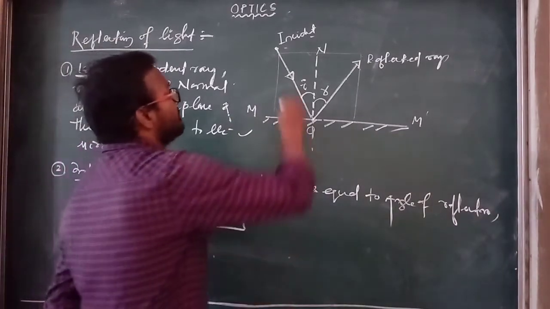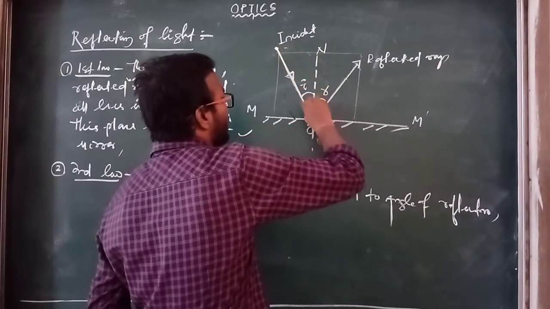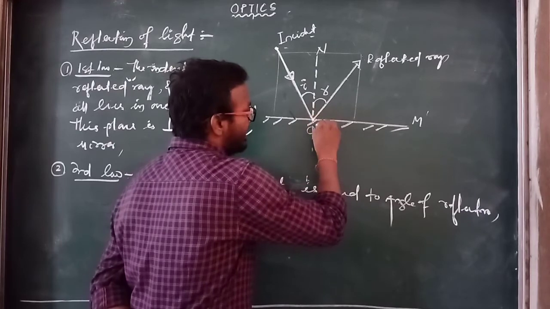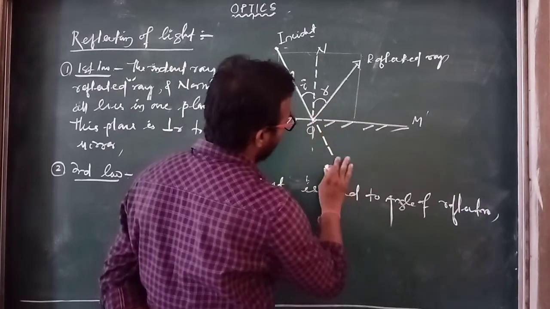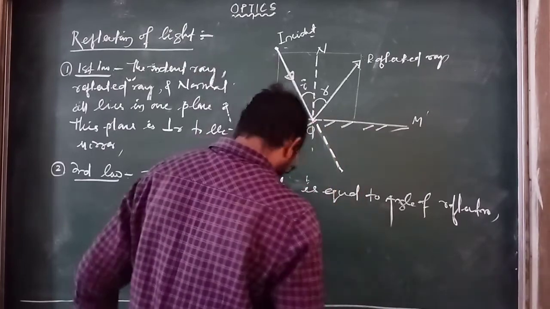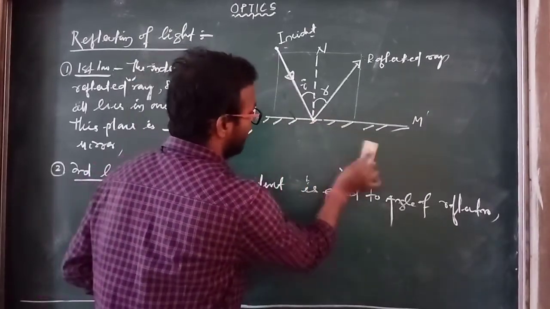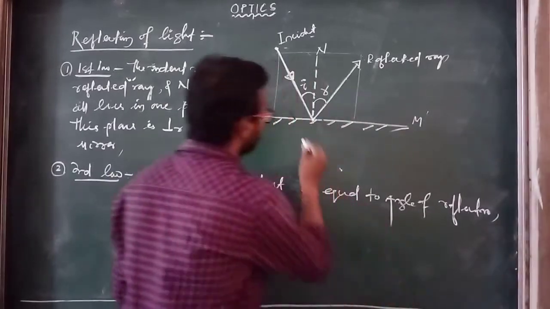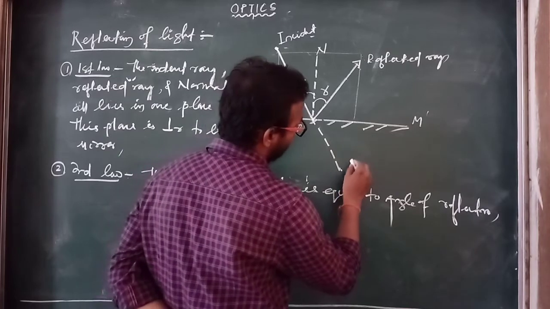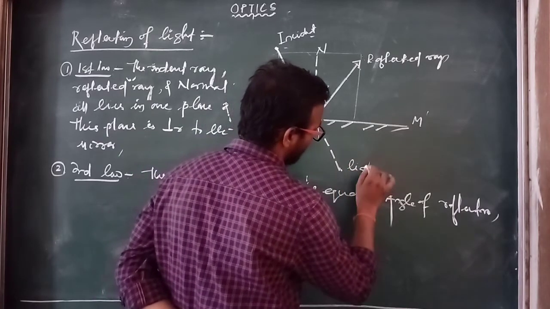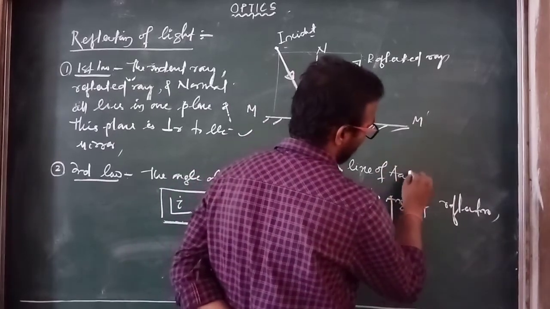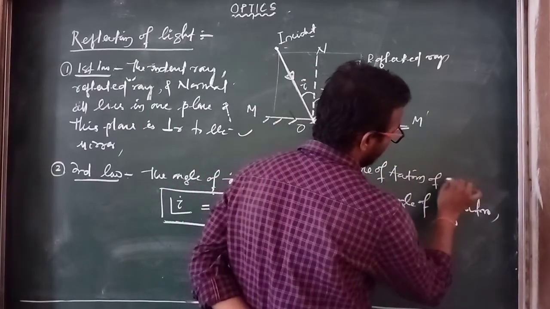Clear? And this is the incident ray. Actually, if there is no obstacle, then light propagates in this direction, and this is known as the line of action of the incident ray. This is known as the line of action of the incident light.